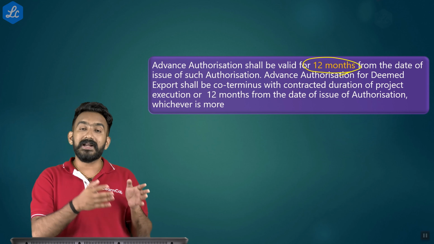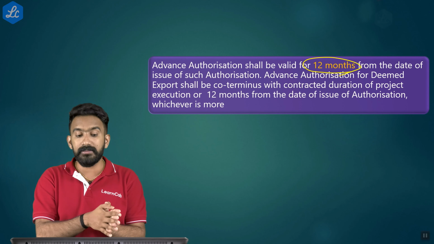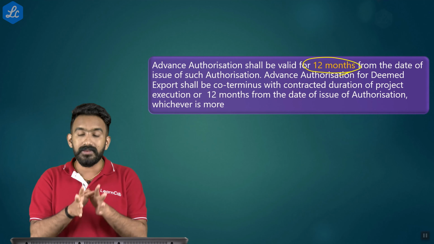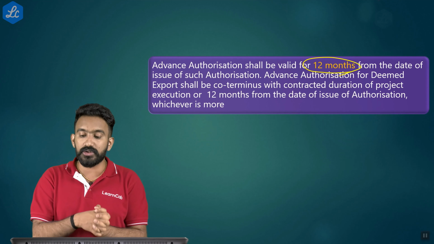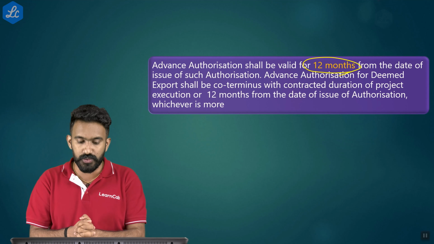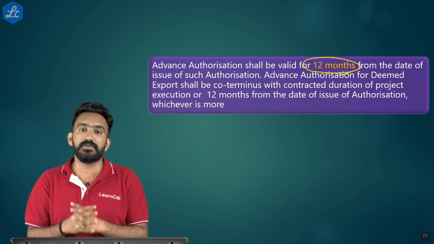Now, there are cases where I'll do a deemed export. Advance authorization for deemed export shall be coterminous with the contracted duration of project execution or 12 months from the date of issue of authorization, whichever is more.